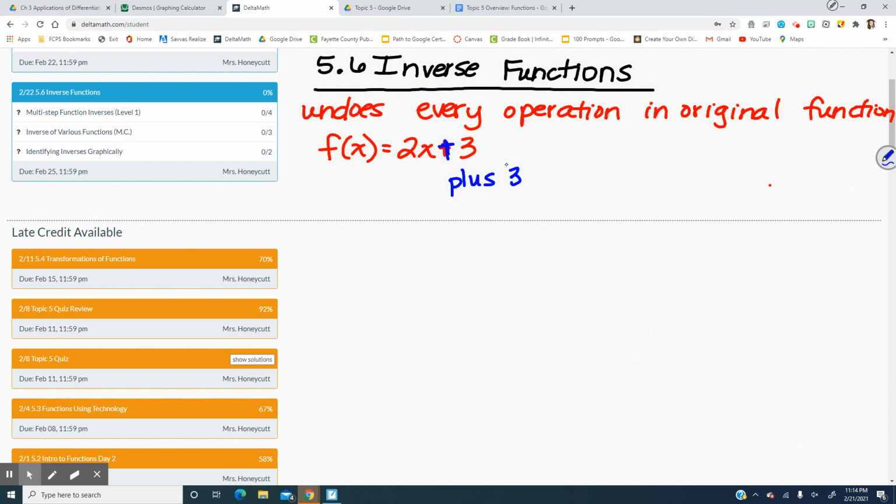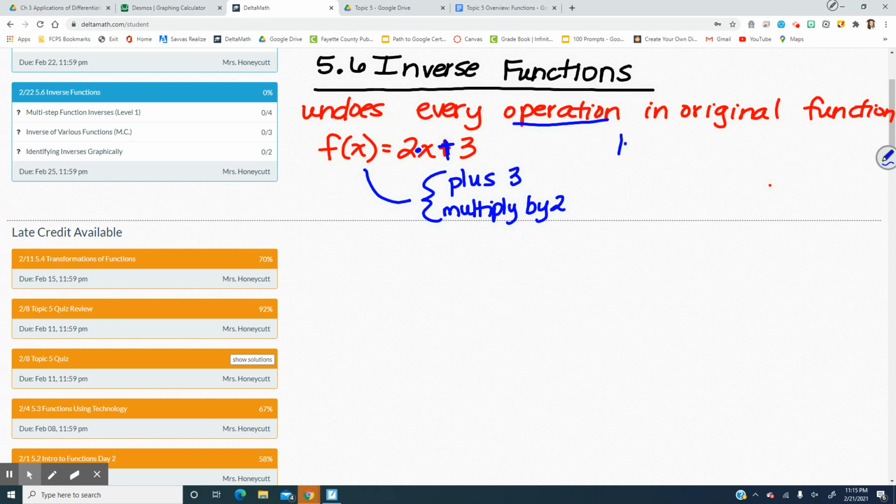So plus 3 is one operation, and there's also a multiply by 2, like x gets multiplied by 2. So these are the operations that happen for f of x.